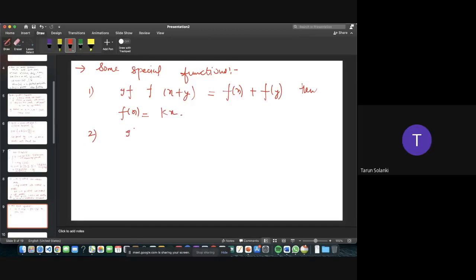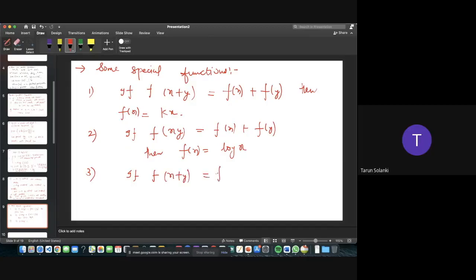Second, if f(xy) is equal to f(x) + f(y), then we can say f(x) is equal to log x. Similarly, the third one is if f(x + y) is equal to f(x) times f(y), then we can say f(x) is equal to e to the power x.